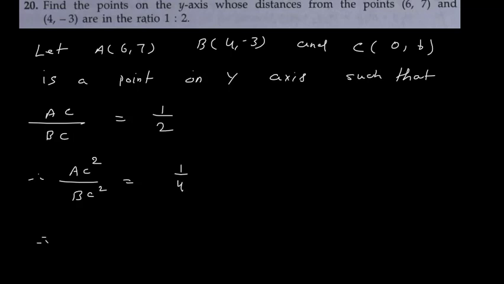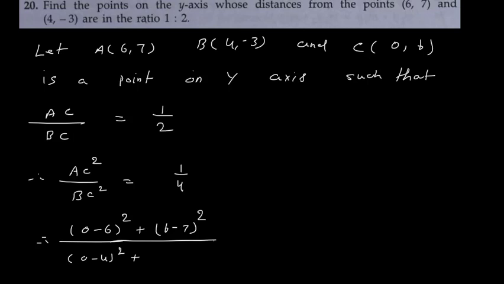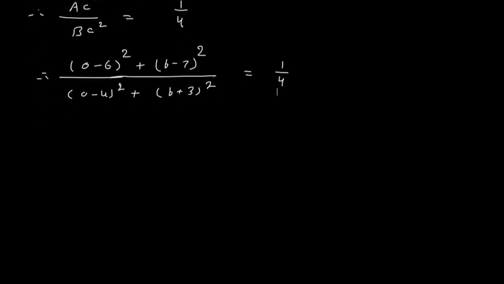AC square is (0 minus 6) the whole square plus (b minus 7) the whole square, divided by BC square, which is (0 minus 4) the whole square plus (b plus 3) the whole square, equals 1 divided by 4.